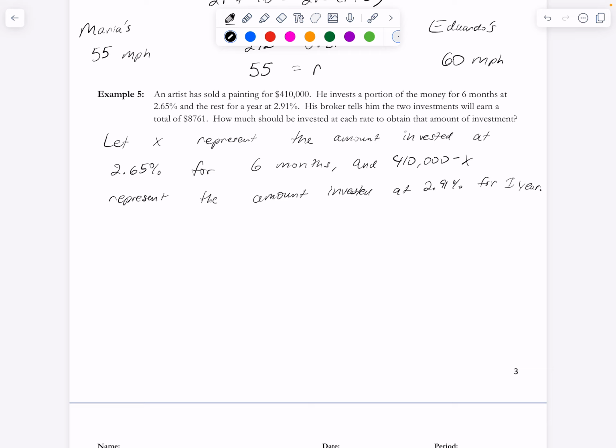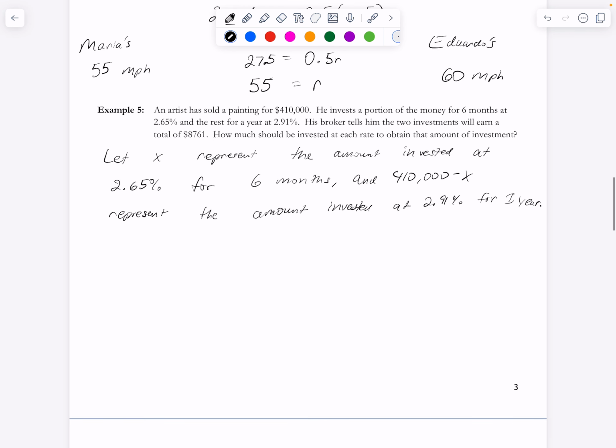For the 6-month investment at 2.65%, we're going to calculate the interest using a formula called principal times rate times time. I don't know if you've seen this formula yet, but you write it as capital P times lowercase r times lowercase t, and that capital I is interest. This is called the simple interest formula. I'm not too concerned if you feel overwhelmed with this. You're going to have plenty of time to get used to it, don't worry.